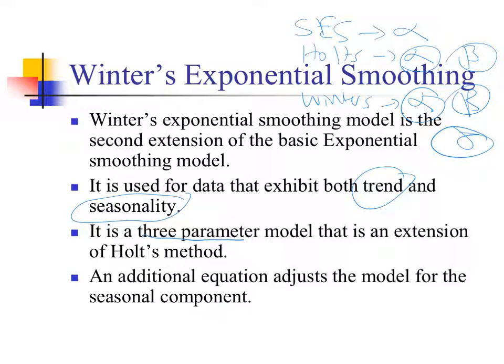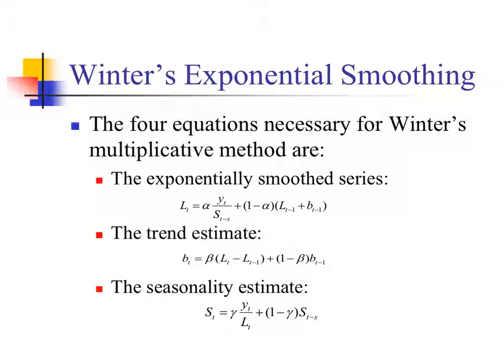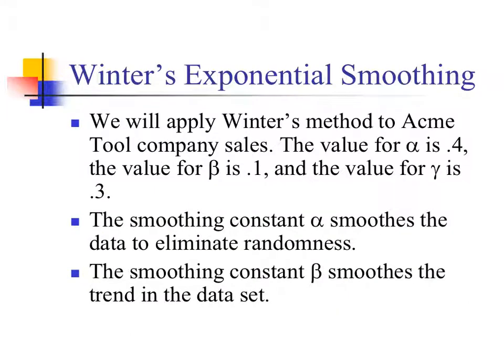An additional equation adjusts the model for the seasonal component. The 4 equations are necessary for Winter's method. The first one is for level forecast, the second one is for trend, and the third is for seasonality, and the 4th equation is for forecasting future periods, which is not on the slide.